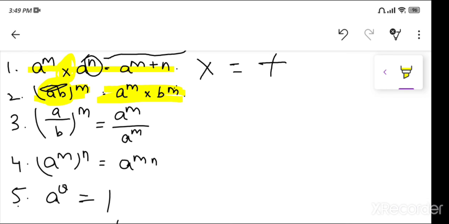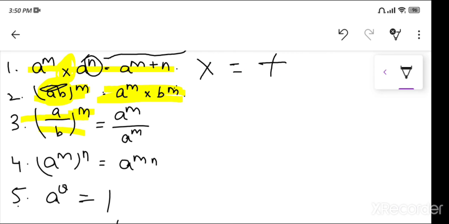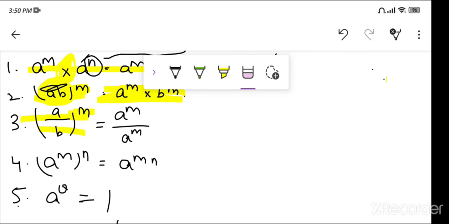So let's go into the next formula, the third one. So a by b whole power m is equal to a power m by b power m. It's actually b power m.